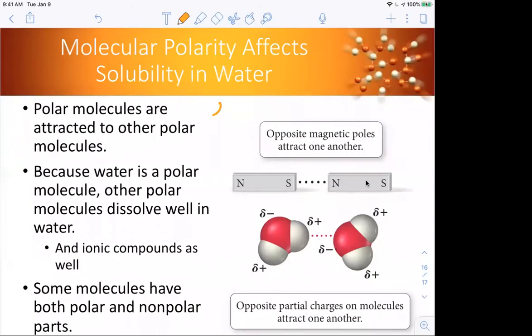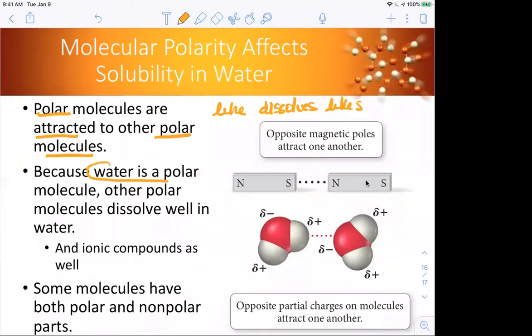So in solubility, we have this phrase, like dissolves like. So polar molecules are attracted to other polar molecules, and therefore polar dissolves polar. Polar substances tend to be soluble in other polar substances. Nonpolar substances also tend to be soluble in other nonpolar substances.